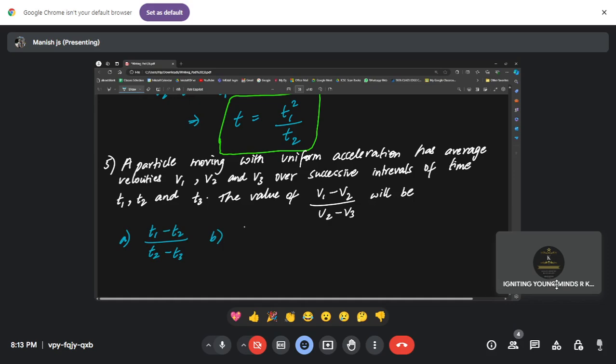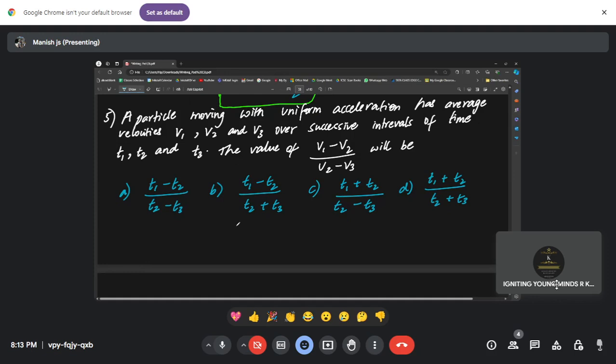Option B, t1 minus t2 upon t2 plus t3. Option C, t1 plus t2 upon t2 minus t3. And option D, t1 plus t2 upon t2 plus t3. So these are the options, children, that we have.